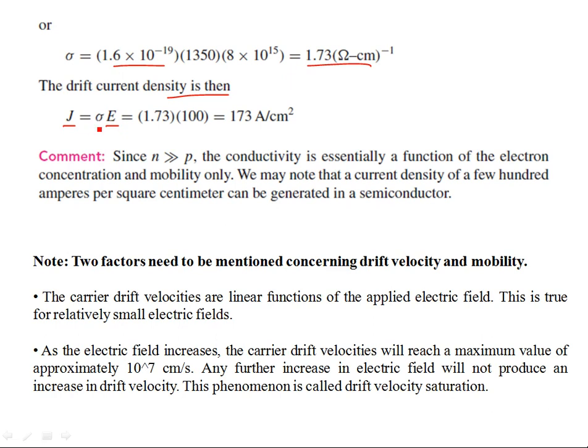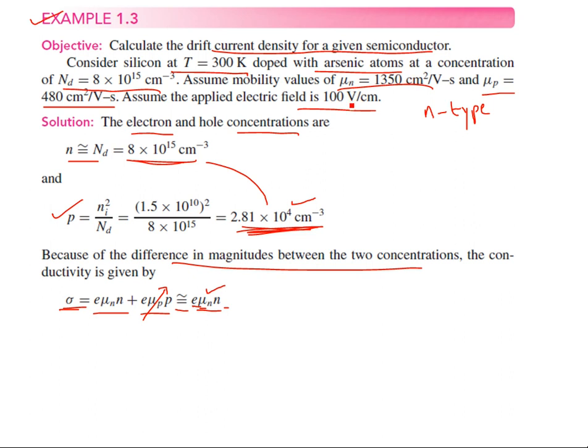We have the conductivity, we have the electric field, so the current density, you can see, is about a few hundred amps per centimeter square, but still respectable. I mean, for a given applied E field of 100 volts per centimeter, at room temperature it tends to produce a respectable current density of a few hundred amps per centimeter square.